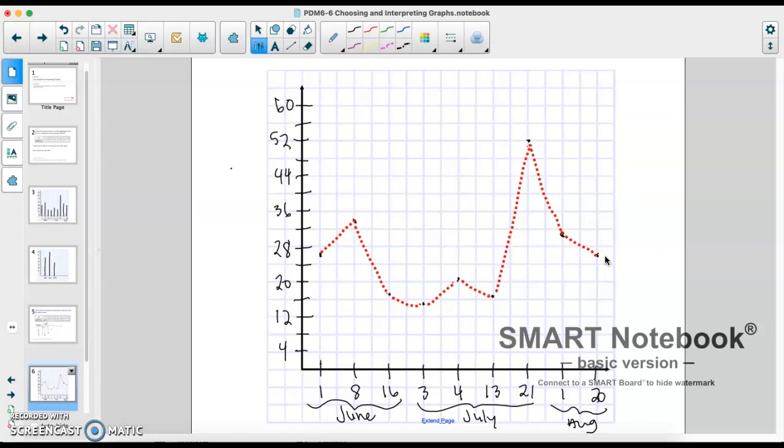So the question that we need to start asking ourselves is, on the bottom here, you might notice that all of our data points are evenly spaced. I have them evenly spaced, but I wonder if they should be, because the gaps between these days are not all the same, right? This is a 7-day gap, 8-day gap.